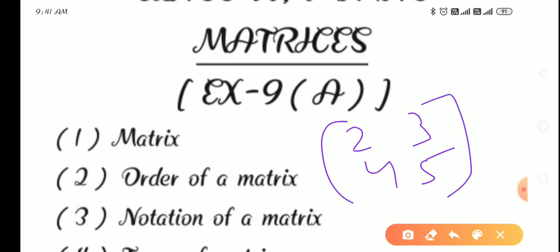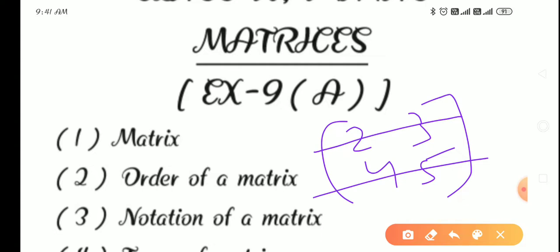So this is a rectangular arrangement of numbers in rows and columns. What is a row? Row means horizontal line. 1, 2. Two horizontal lines are there. So these horizontal lines are called rows. Columns are vertical lines.